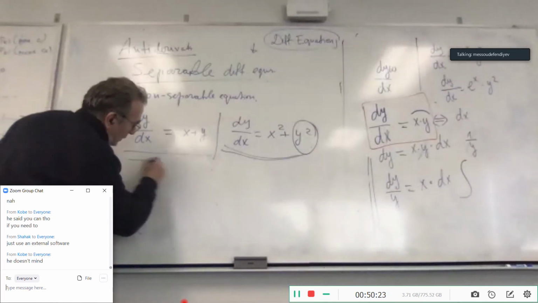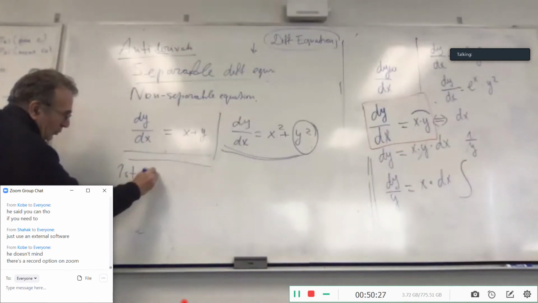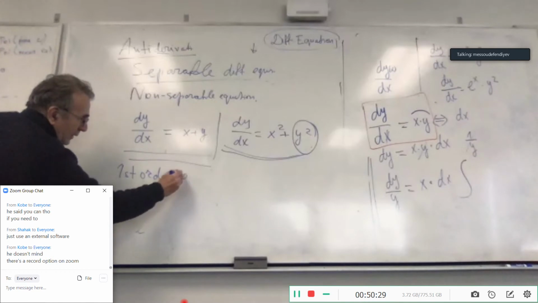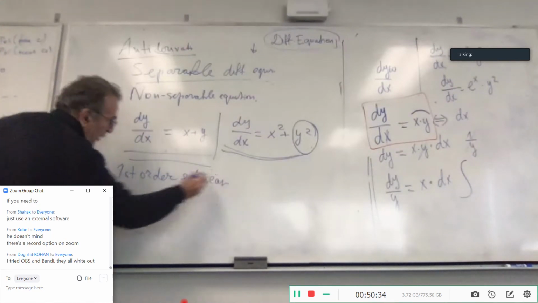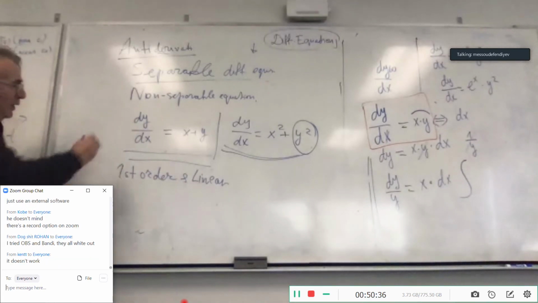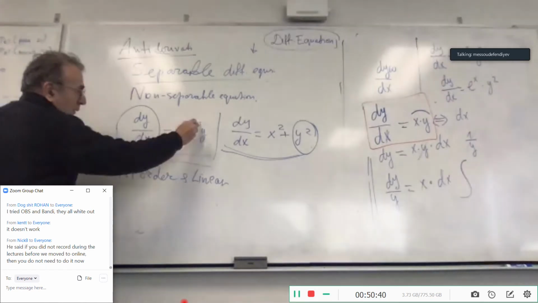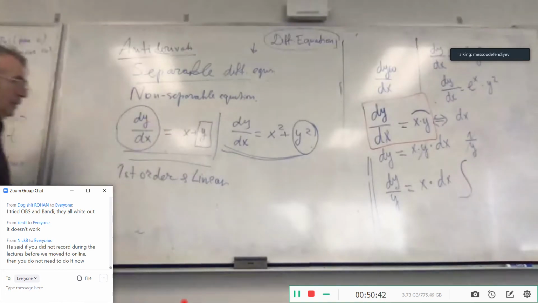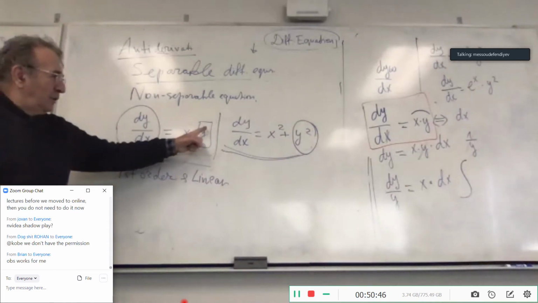But as soon as you have an equation that is first order and linear, this equation is first order because the derivative appears only as the first derivative, and linear because the unknown function comes in with the first power.